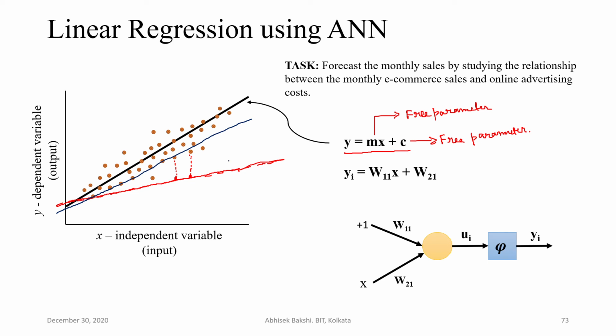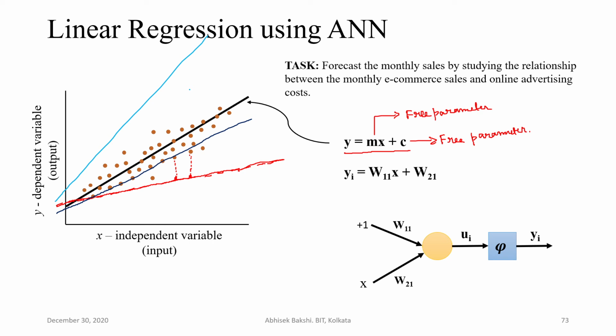Whatever the M and C you consider, you start with a straight line, maybe something like this, maybe something like this. It may happen, you don't know, depends on M and C, which straight line will occur.